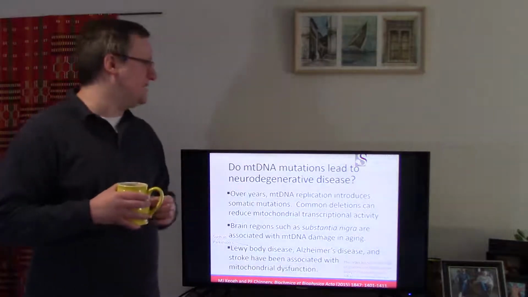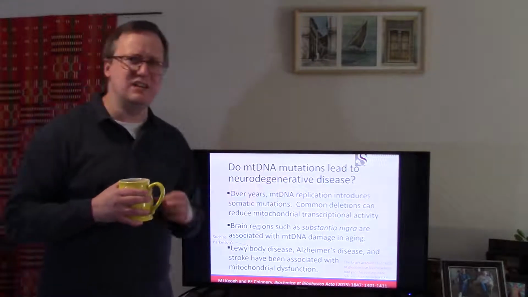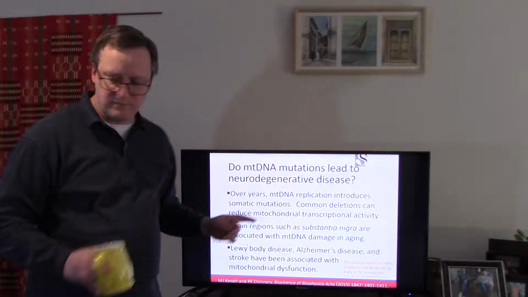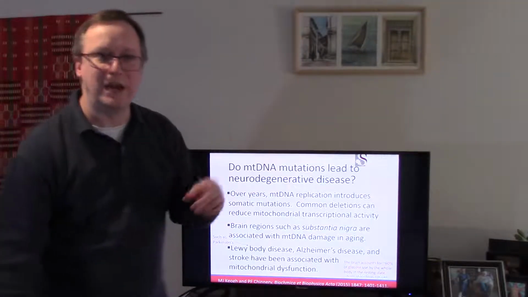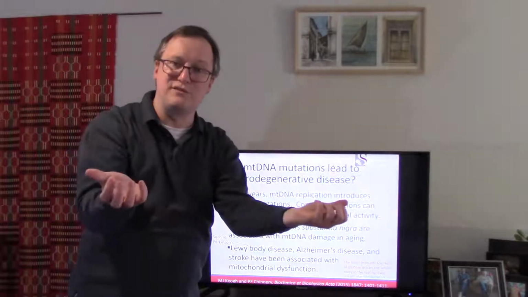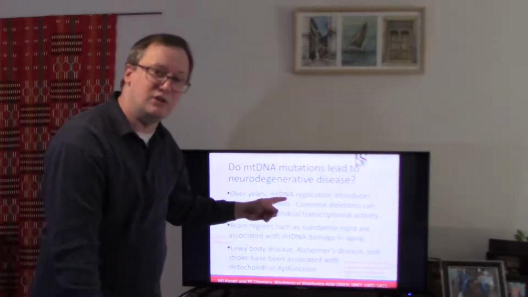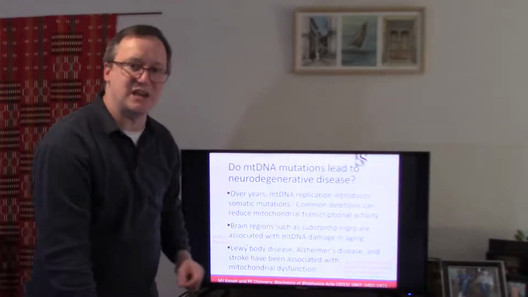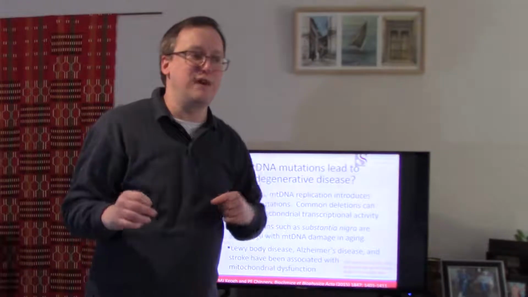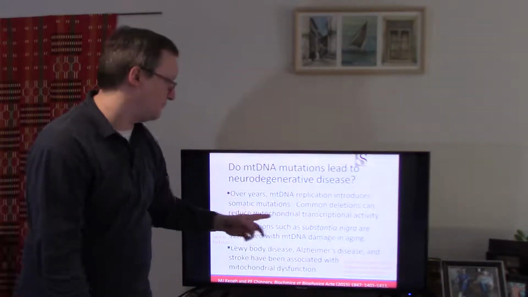So, why is it that we think that mitochondrial DNA mutations lead to neurodegenerative disease? Over the years, the replication that we carry out, because mitochondria divide and create two copies of a mitochondrion from one, can introduce somatic mutations. In our body's cells, we find that errors accrue in mitochondrial genomes.